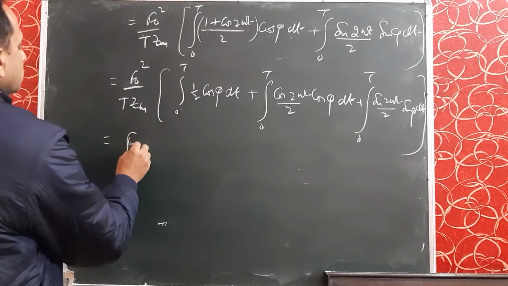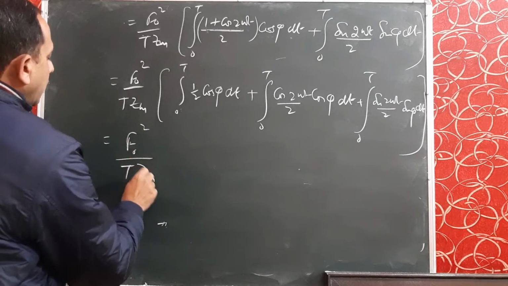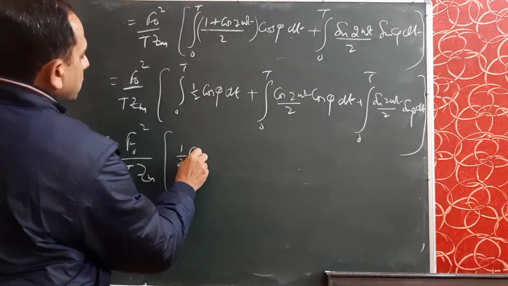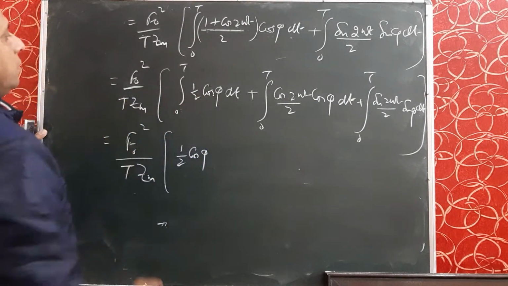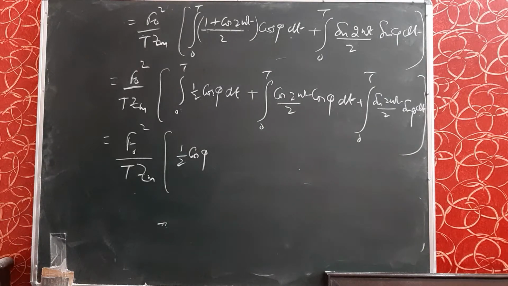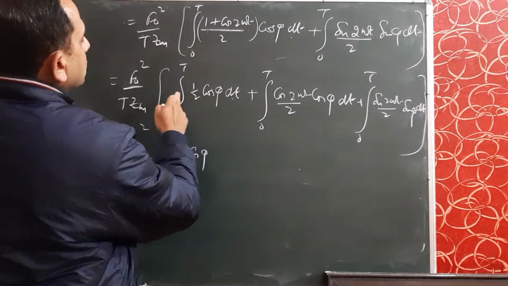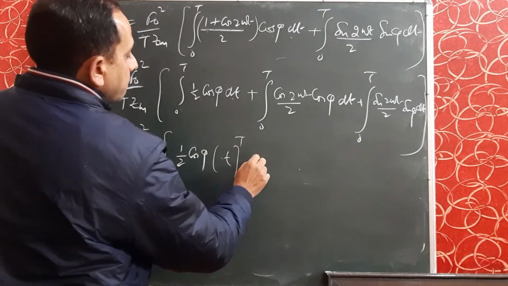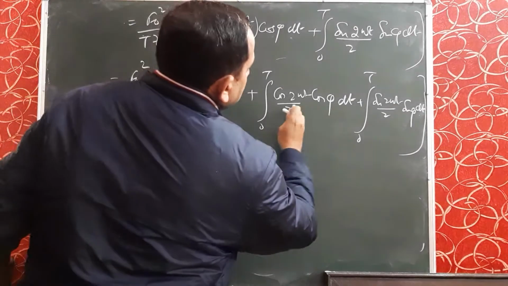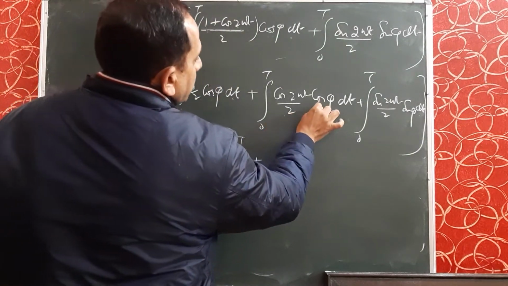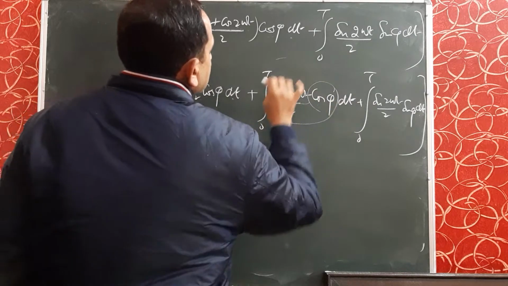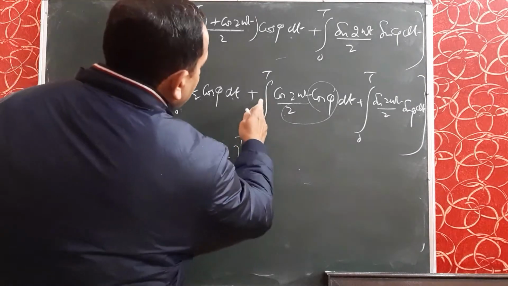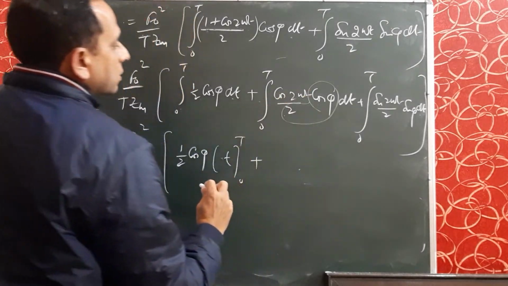First of all, it is f naught square upon T into Zm, okay, and 1 by 2 and cos phi, these are constants, and they will be outside the integral, and integral of dt is small t and limit becomes 0 to T, okay, plus in this case 2 is constant, cos phi is constant, and we will take the common cos phi upon T and integral of cos 2 omega t into dt.